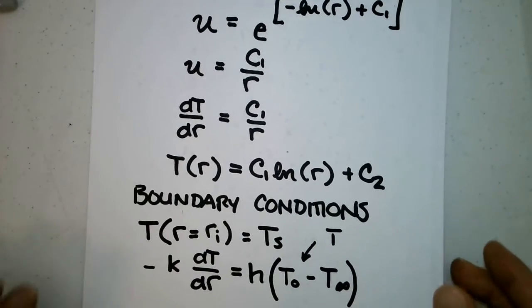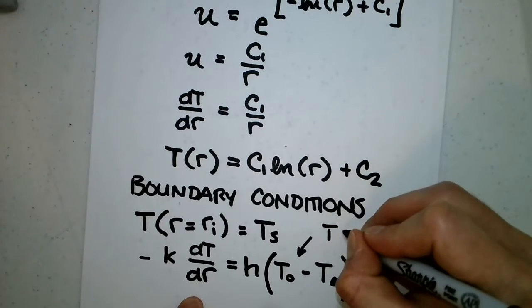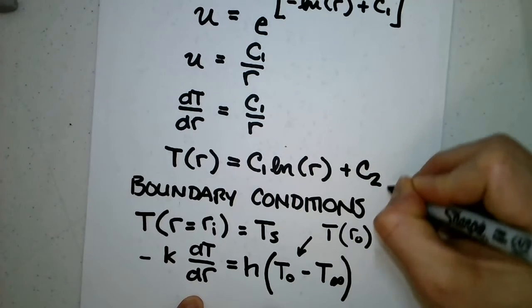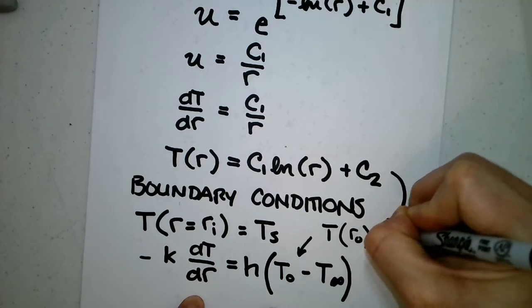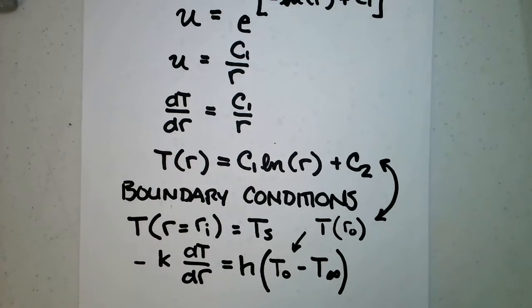All right. So I was saying this is actually T of R_O. We can evaluate this function, T of R, at R_O and plug that in here. So you see my nice map here.